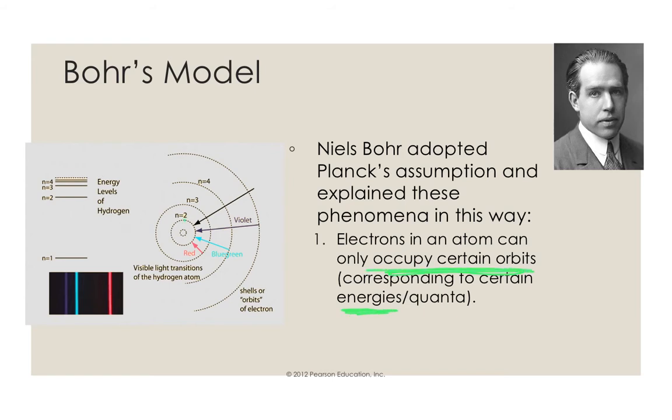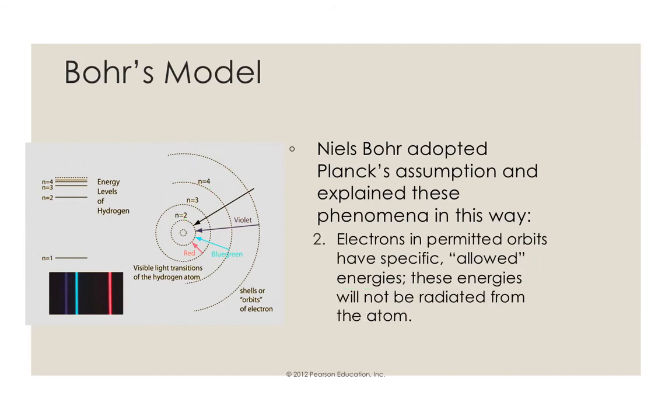So this might be a lower energy, higher energy, higher energy still. However, those are the only places that the electrons can be. They're only permitted in those allowed energy levels. They will not exist at energies that are not within these levels. Only those specific quanta of energy are permitted.